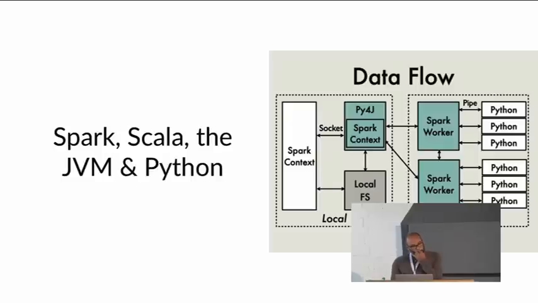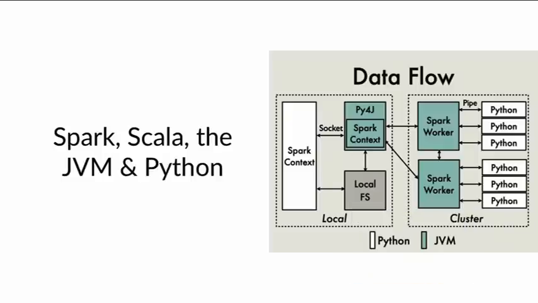So how is the data flow in a system where you have to combine JVM code, Java code, Scala code, and Python code? As I said, you have the local Spark context. You can fire up an IPython shell, an IPython notebook, or run a local Python program.